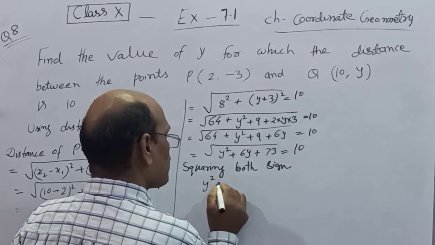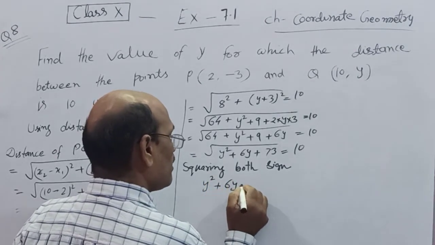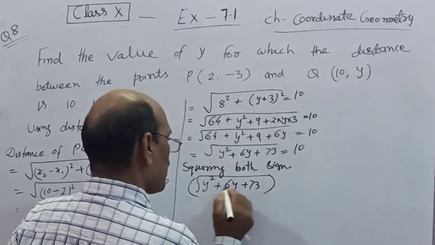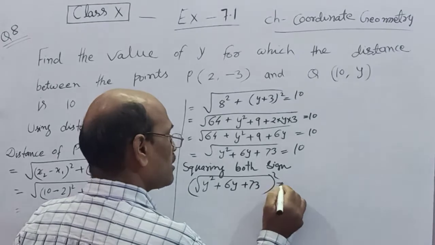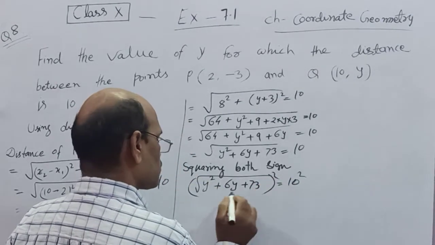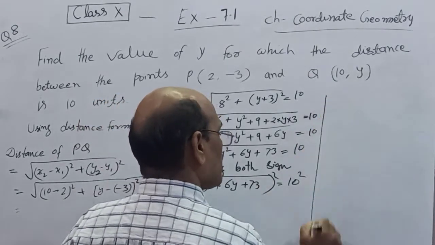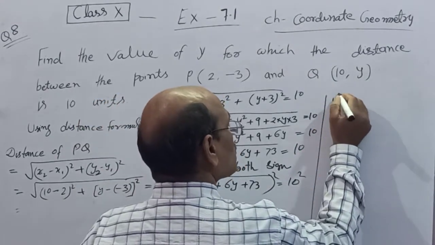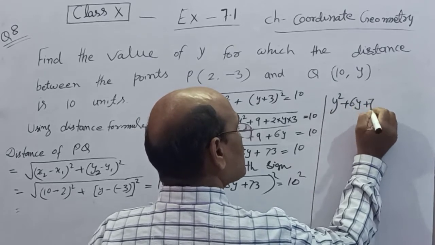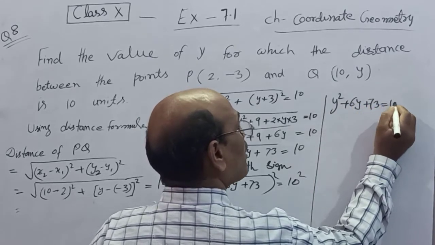Therefore, y square plus 6y plus 73 whole square under root whole square, and 10 square, so root and square cancel. Therefore, we can write y square plus 6y plus 73 is equal to 100.